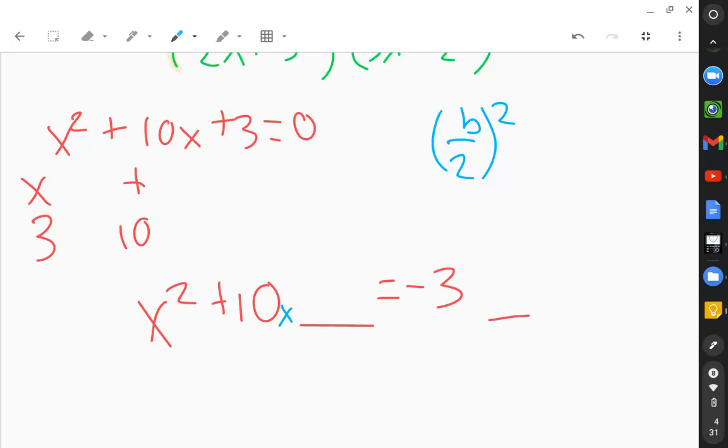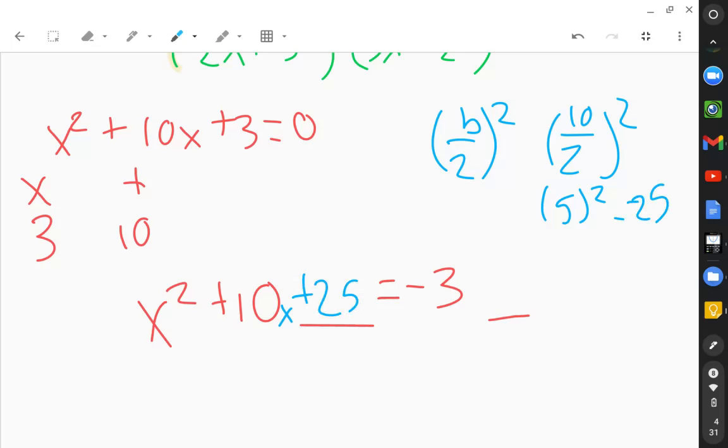So 10 over 2 squared, that's going to equal 5 squared, which is going to give us 25. So if I'm adding 25 on the left side, I'm also going to add 25 on the right side.